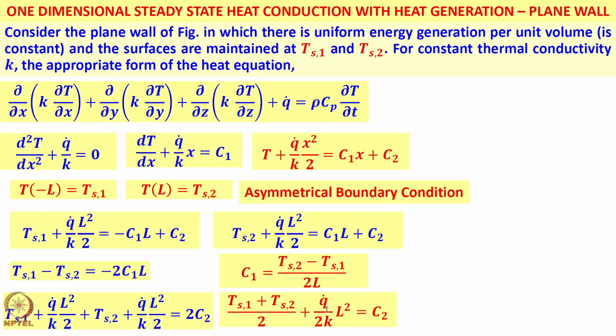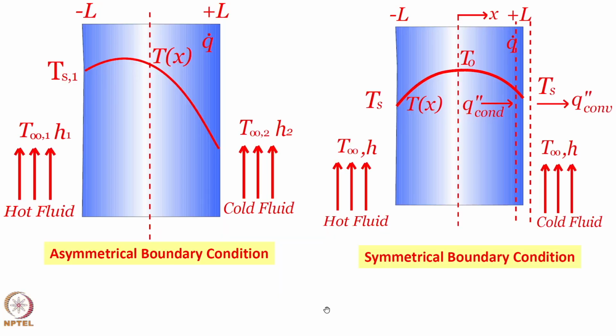We are looking at a case where this is a plane wall, and for a plane wall as shown here, this geometry is taken out of convenience. What do I mean by that? The line of symmetry, the center of the plane wall of thickness 2L, is where the origin is supposed to be.